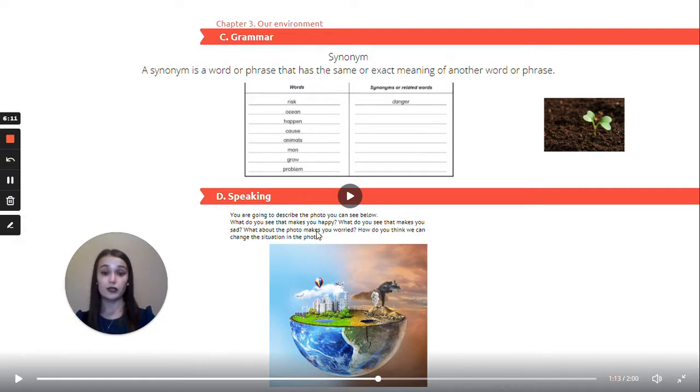What about the photo makes you worried? So it makes me worried that this picture is quite realistic. If I think about it very closely, it makes me think that the left-hand side is definitely busy changing into the right-hand side.